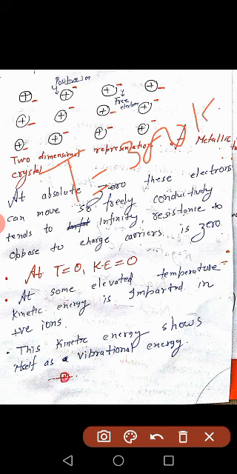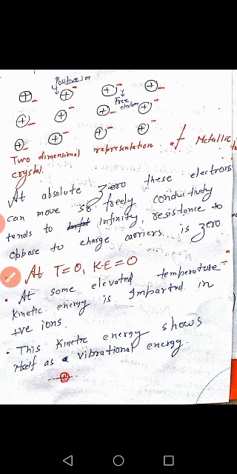So 273 plus 27, if we take an average temperature of 27-28, then this will be 300 K. Definitely, as we know, the energy is 3 by 2 kT, where k is the Boltzmann constant and T is the absolute temperature. Then definitely there will be some energy imparted, and this kinetic energy shows itself as vibrational energy.